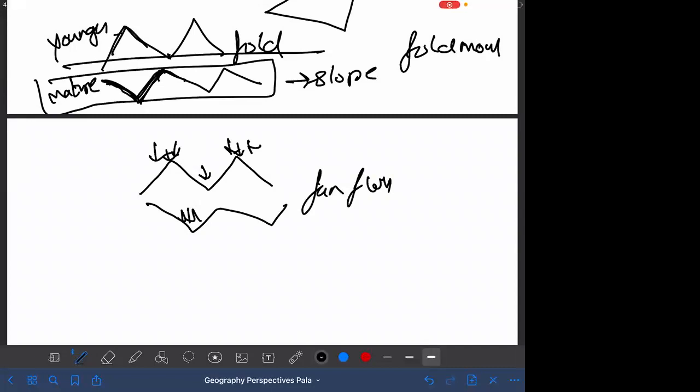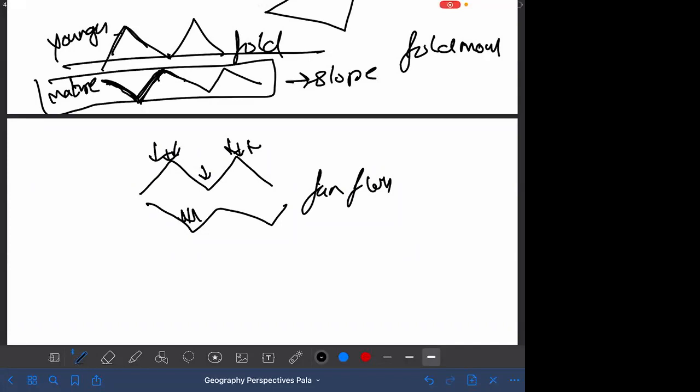Now look at the lithology, the types of rocks. Igneous and metamorphic rocks form the core of the Aravallis.